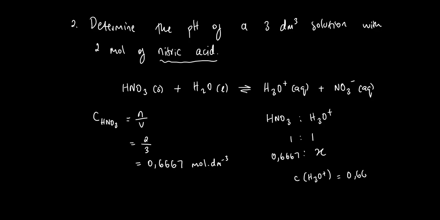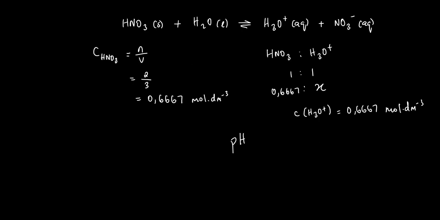Then once you have the concentration, now you can get the pH as negative log the concentration of H3O plus. Then you'd substitute there 0,6667. What do we get as our pH?